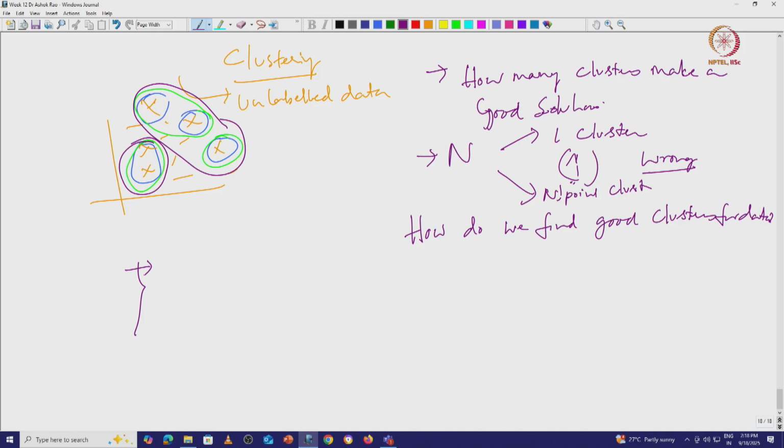For this we use something interesting, we use a metric. Metric means distance, more generally a measure. We also need an objective way of doing this.